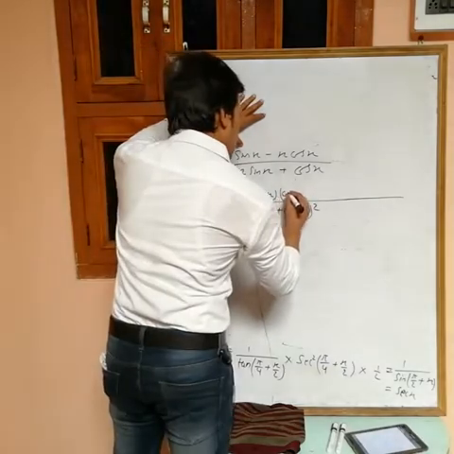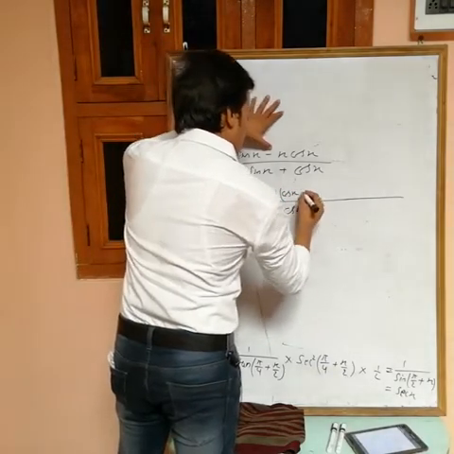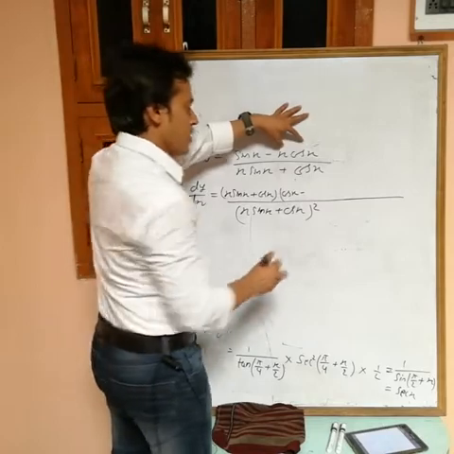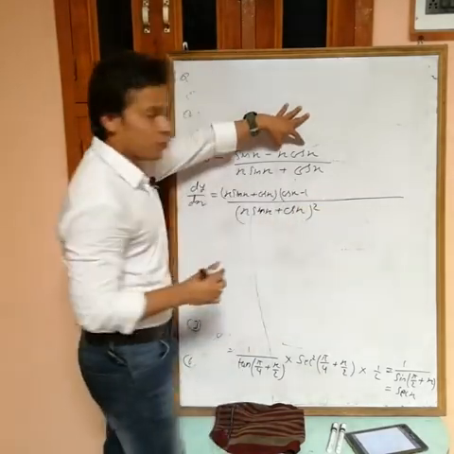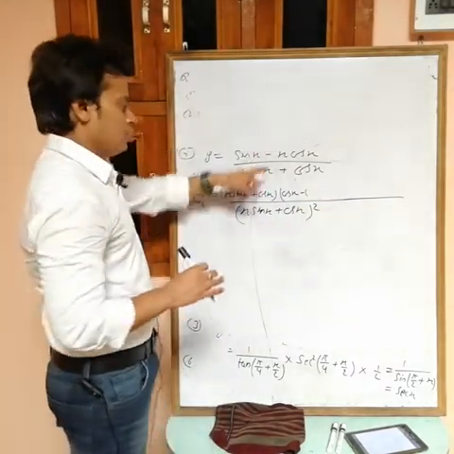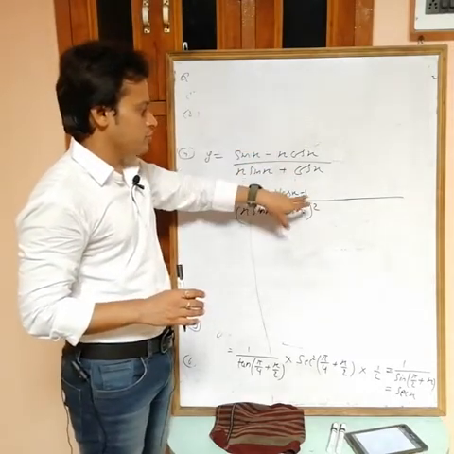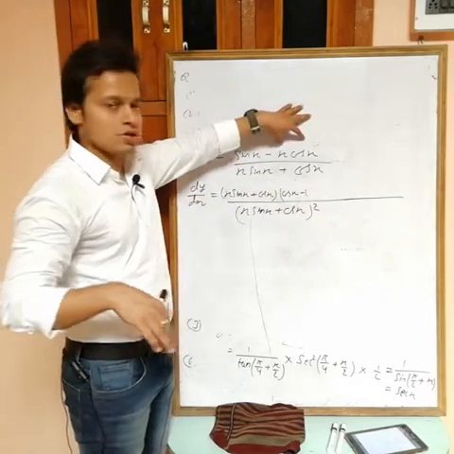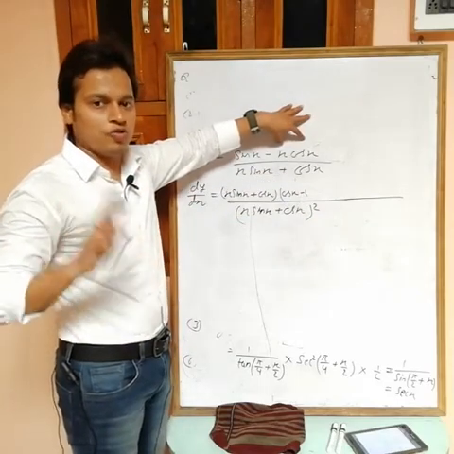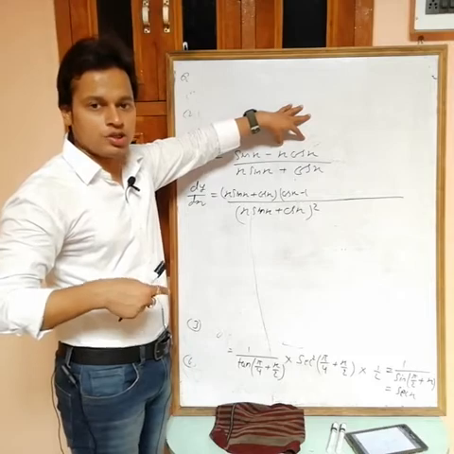Differentiation of sine x is cos x, minus differentiation of x cos x. This is the product of two functions. At a time I can differentiate only one.